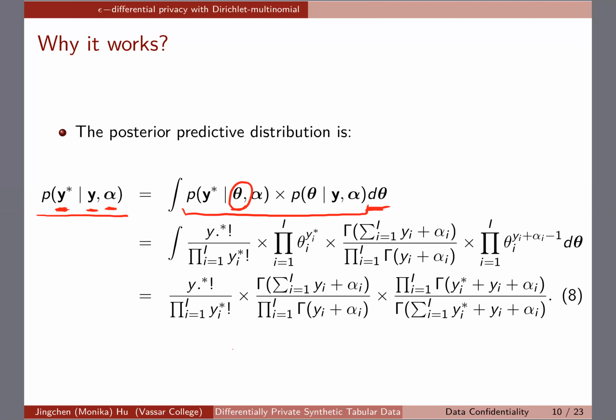What we're claiming here is, so this is the posterior predictive, right? Or I should say, let me take that back. This part, the one in the box here, this is the sampling model for the synthetic data, and this is the posterior, right? So the posterior is what?